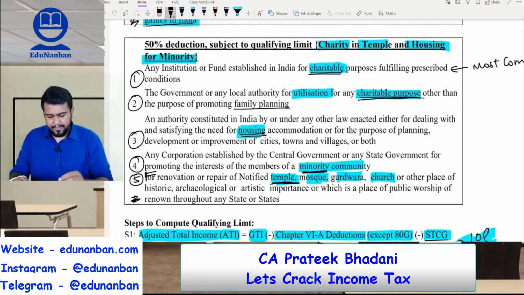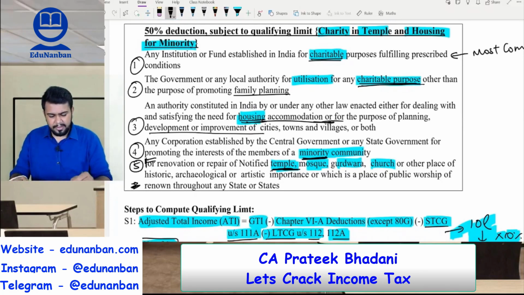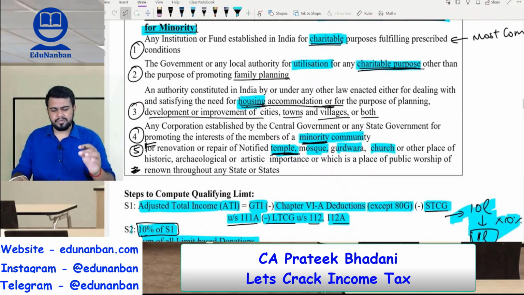Then third one, any authority constituted in India for the purpose of housing accommodation, or for the purpose of planning, development or improvement of cities, towns, villages or both. So basically for housing. And number 4, any corporation established by central government or state government for promoting the interest of minority community.